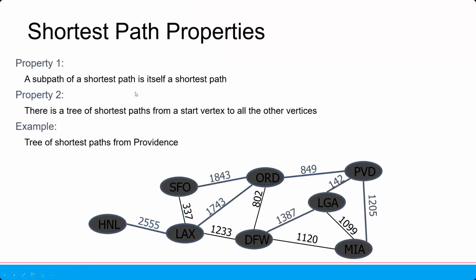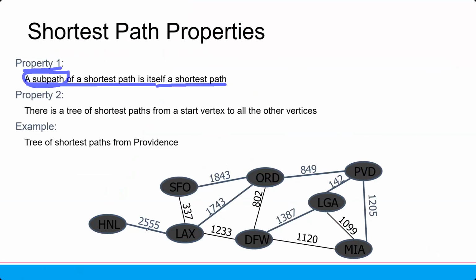There are some properties of the shortest path. So property one: a subpath of a shortest path is itself a shortest path. Okay. What does it mean? Subpath.